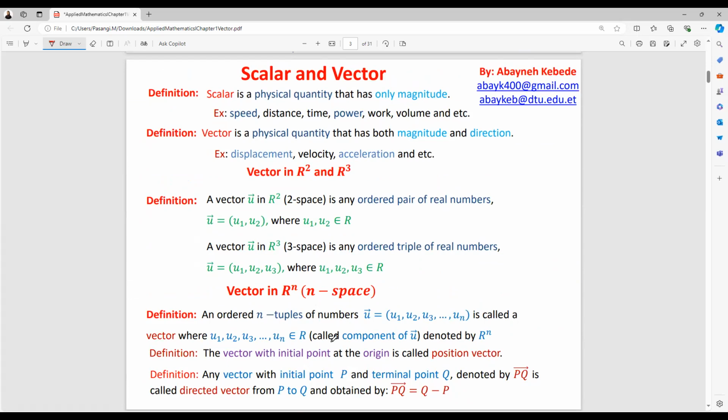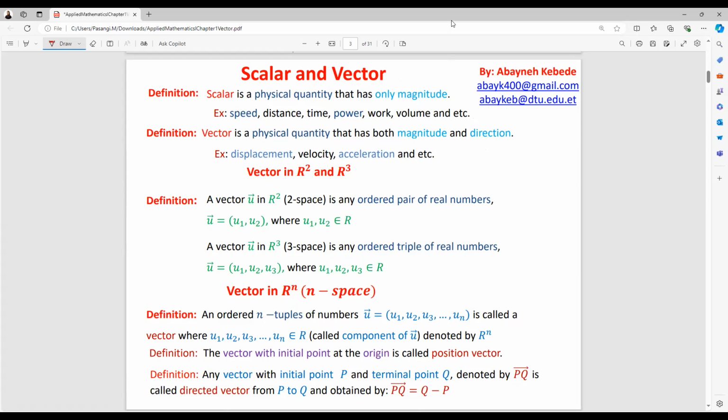Now here we are learning the difference of the scalars and the vectors. So these are a few definitions which we need to know. For the scalars and vectors, a scalar is a physical quantity that has only magnitude. As I already told, if it's a scalar, we only have a magnitude.